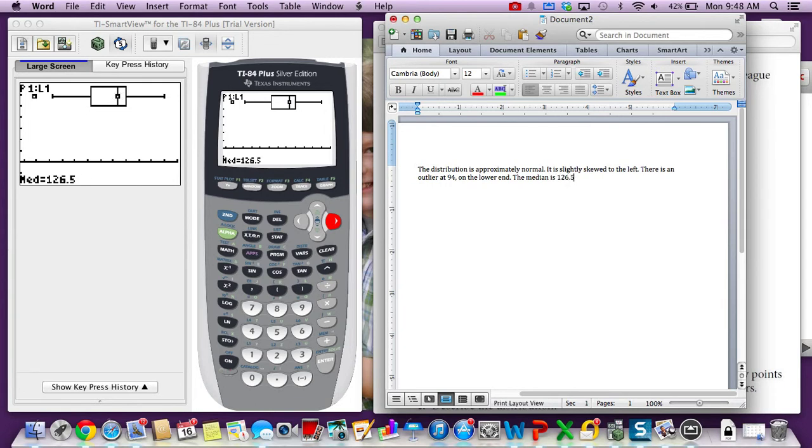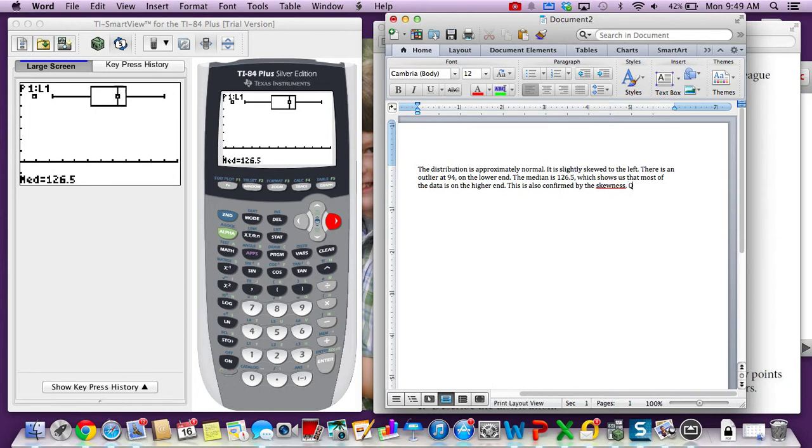Remember, that's the middle number, which shows us that most of the data is on the higher end. This is also confirmed by the skewness. Okay. So the median is 126.